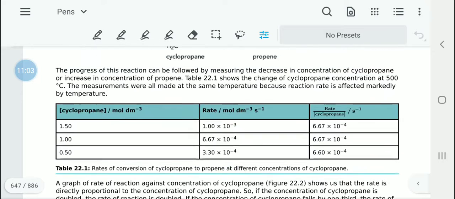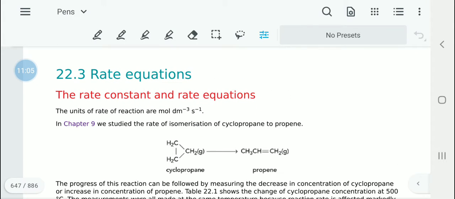Before we move on to the next part, let's write down a note. Rate equations and rate constant.